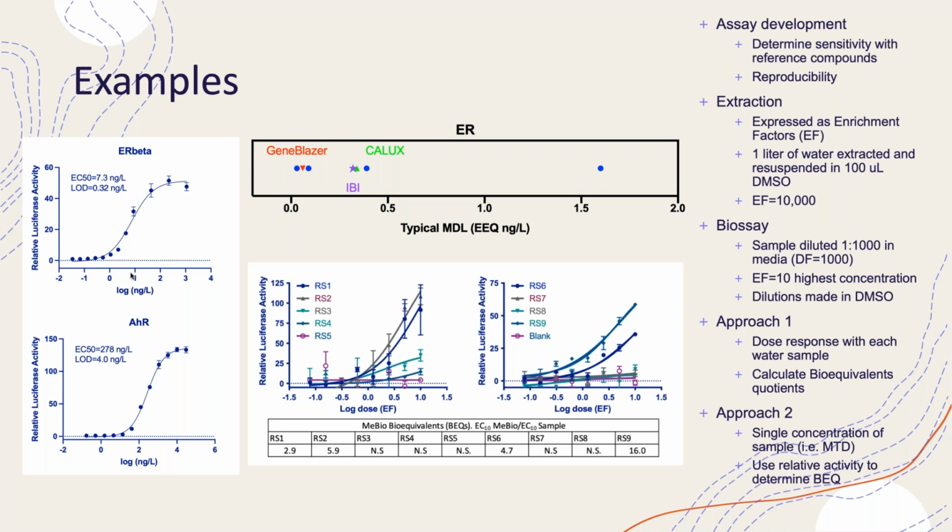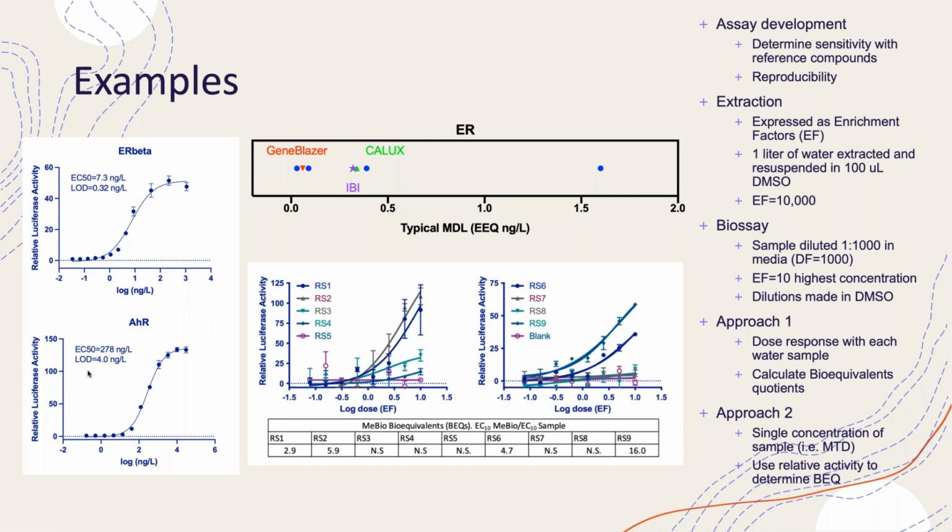How sensitive is this to your reference compounds? Over here I have estrogen receptor being activated by 17-beta estradiol, the aryl hydrocarbon receptor being regulated by dioxin. These are the reference compounds. You can start to look at your dose response, looking at your potency, the EC50 values, as well as what is your limit of detection.